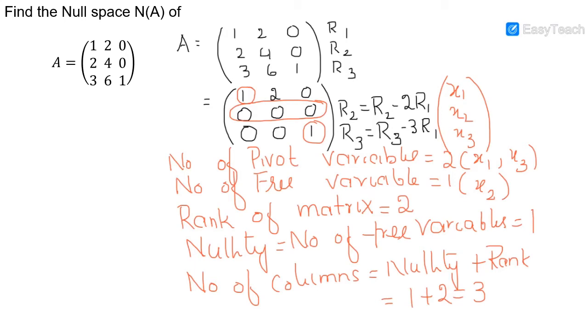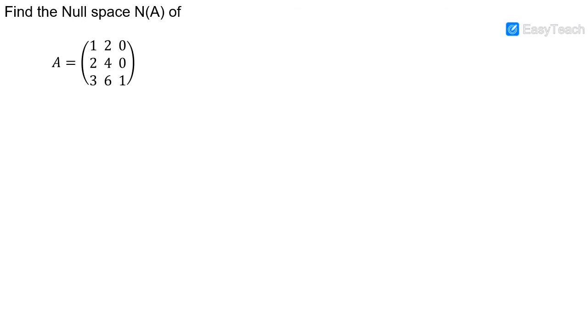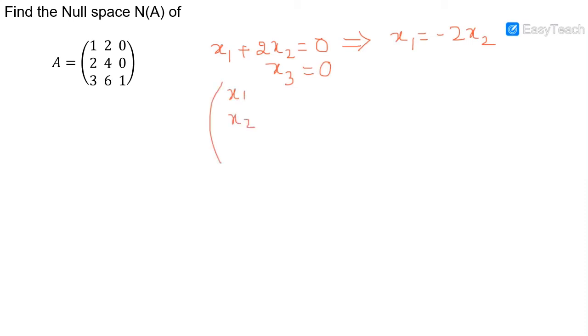We can multiply this matrix with the variables x1, x2, x3. We will get the equations as x1 plus 2x2 equal to 0, which gives us x1 is equal to minus 2x2. x3 is 0. So x1, x2, x3, and the free variable is x2.